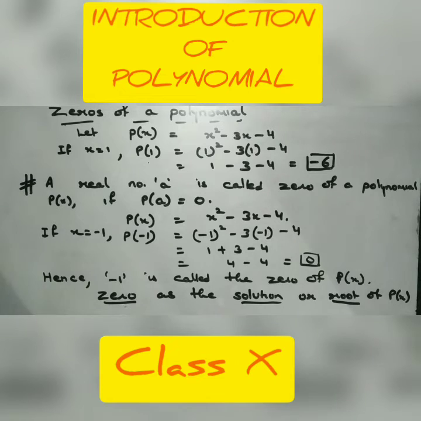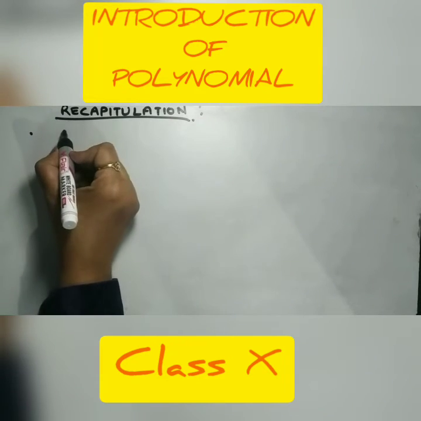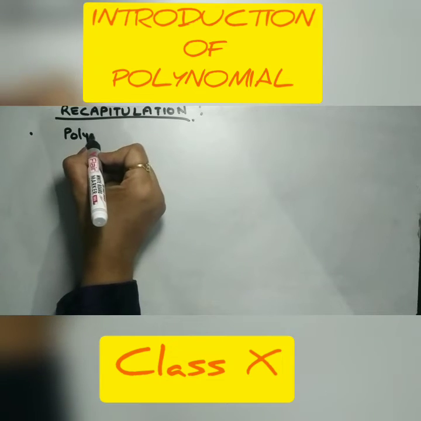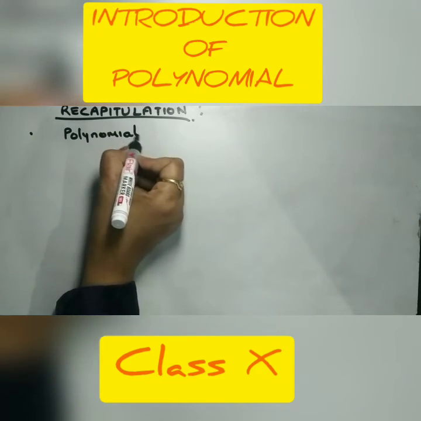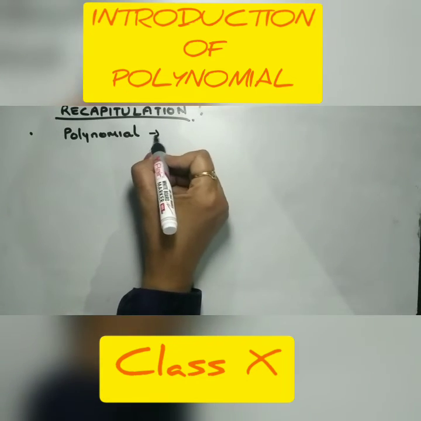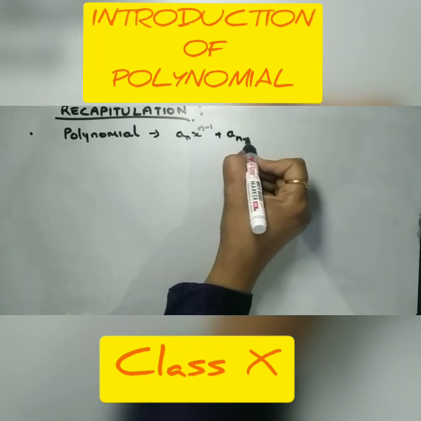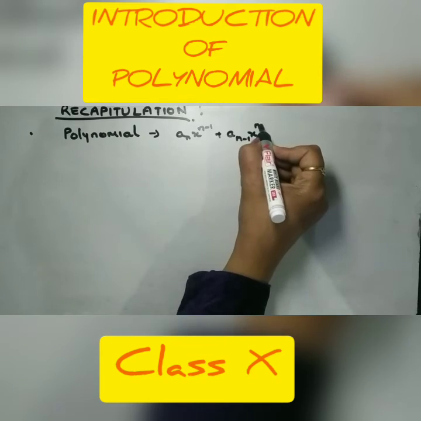Correct? So let us recall all the topics we have learned today. First, I explained the definition of a polynomial. What is a polynomial? It is an algebraic expression, for which I have given you the general form, a_n x^n plus a_(n-1) x^(n-1), and so on.